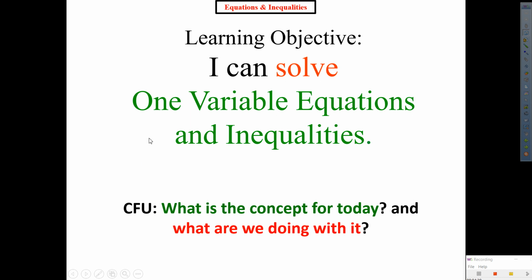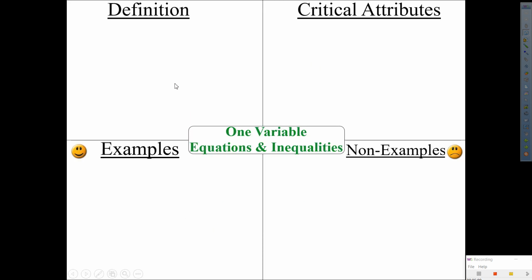Yeah, some of you are like, man, Mr. Hugh, you've been hammering us with the definition. Yeah, because I want you to understand where we're at. Yeah, so we said that they are expressions that are equal or not equal to each other.